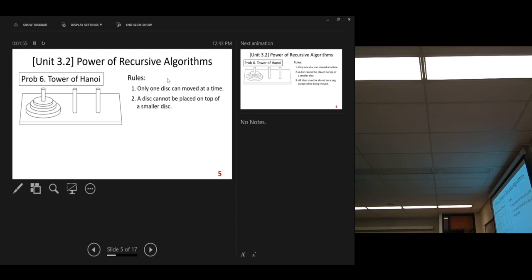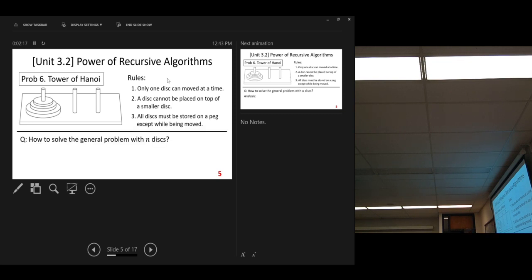You have to follow that order. Number 3, all disks must be stored on a peg except while being moved. So you have to keep the same stack like this on a different peg. That's the rule.